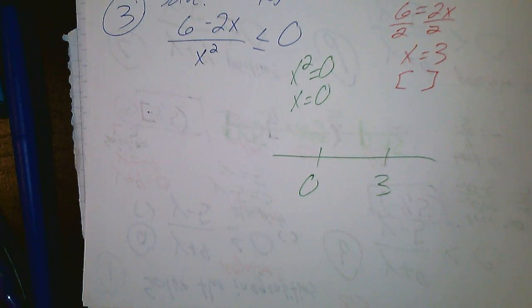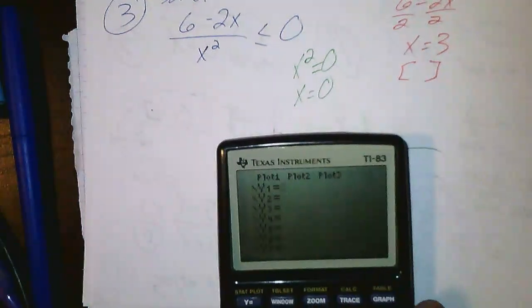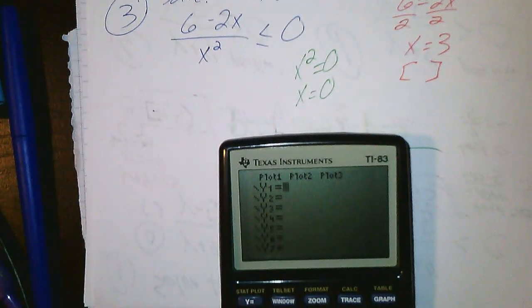So you can test the regions on paper. We could also put this in the calculator. Do 6 minus 2x in parentheses divided by x squared.